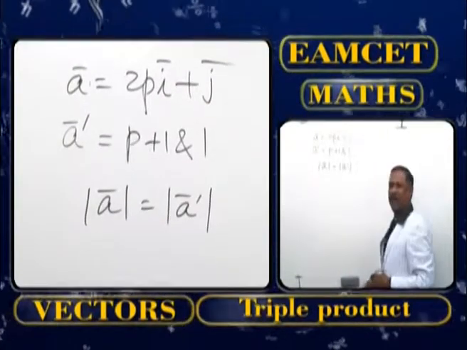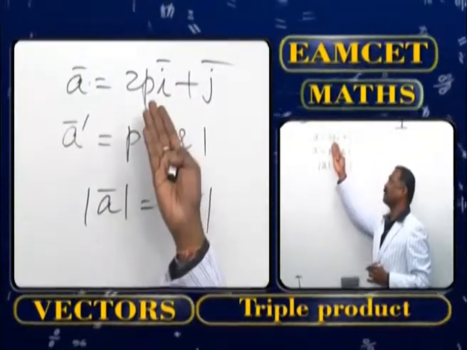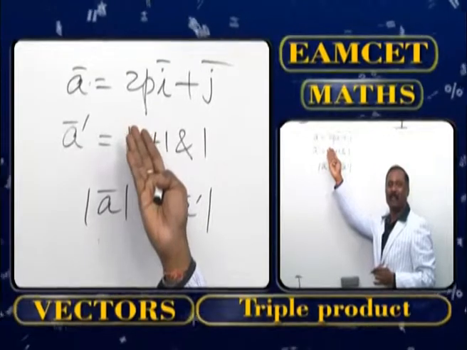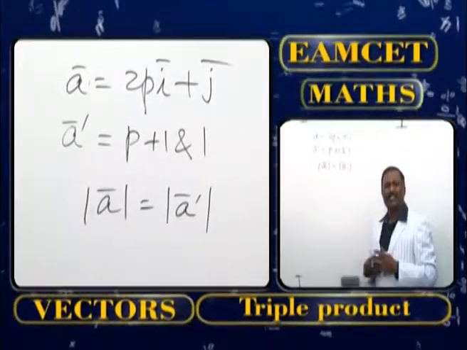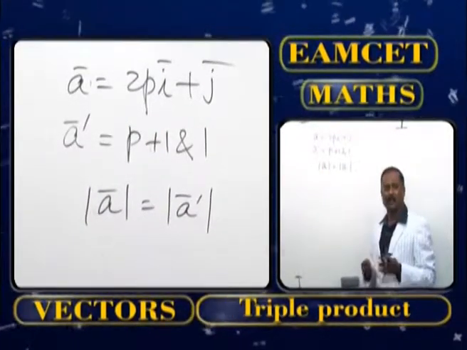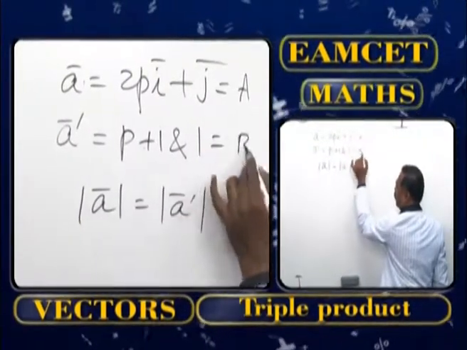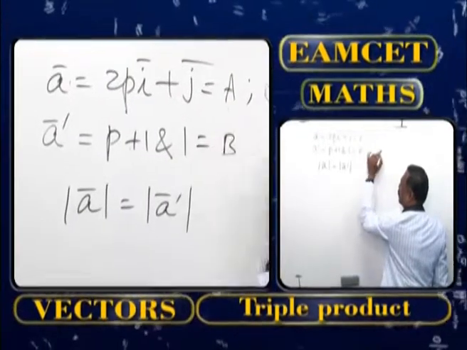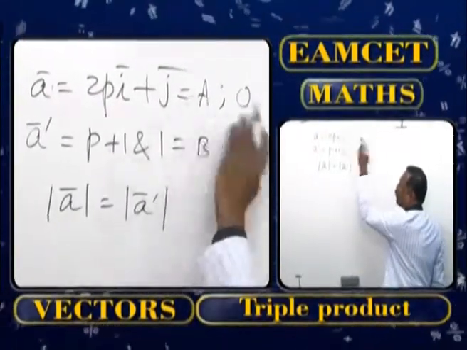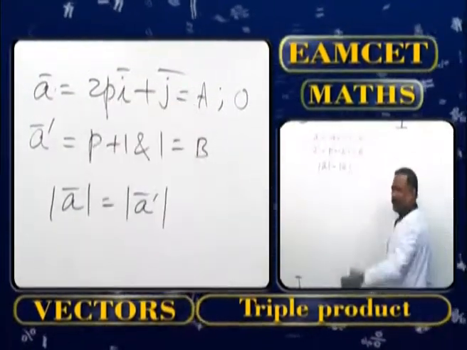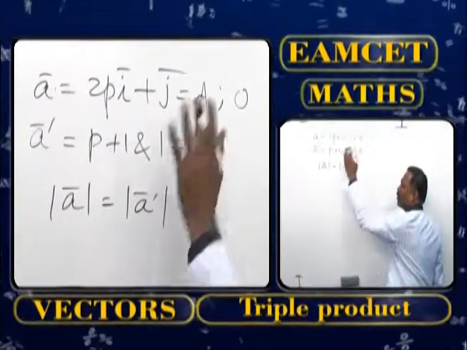What does it mean? Because the origin means 0, 0, 0, you have to write the position vector. Like if I take this as A, this as B, and O as the origin, then AO is nothing but O minus A. That means it remains the same. Understand that.